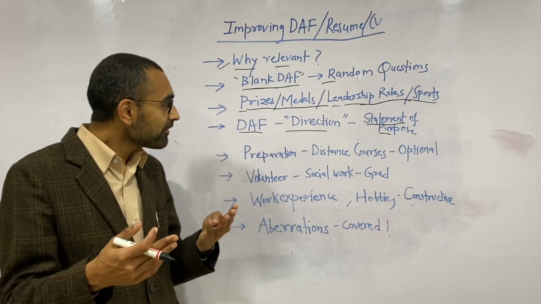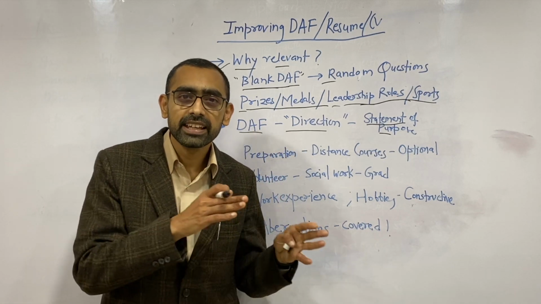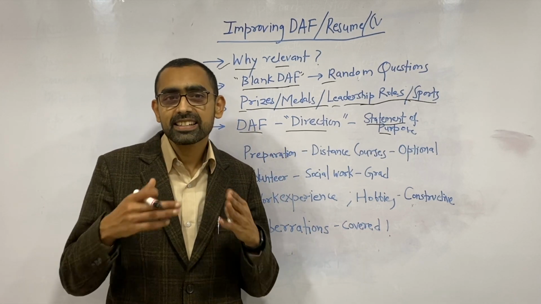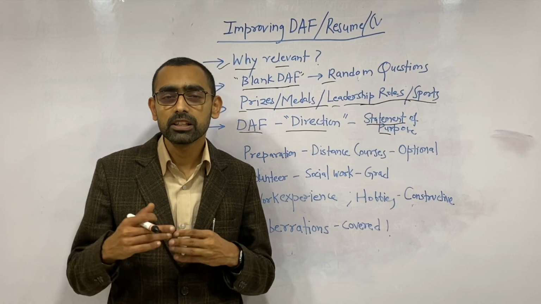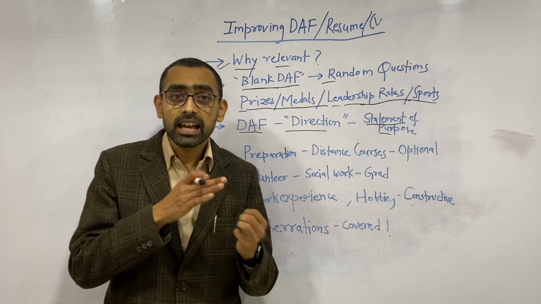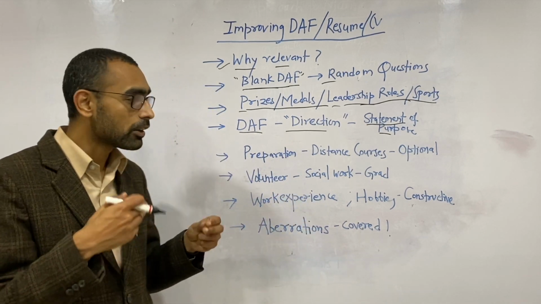So if you have something on your DAF which shows a direction, that since the realization happened that you want to help the people, you want to work for the people, simultaneously you have also done something for the people. We'll come to how to build on that.